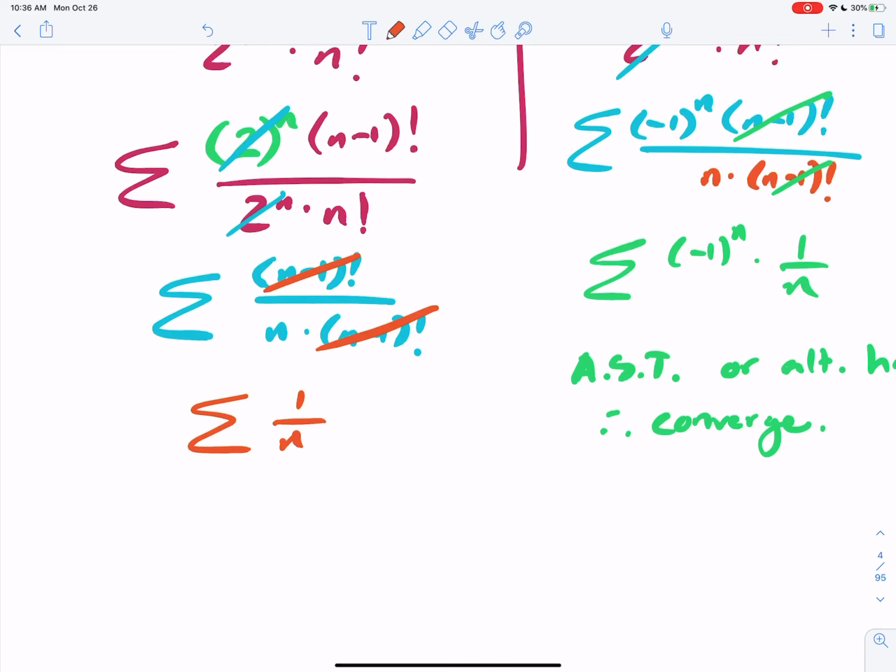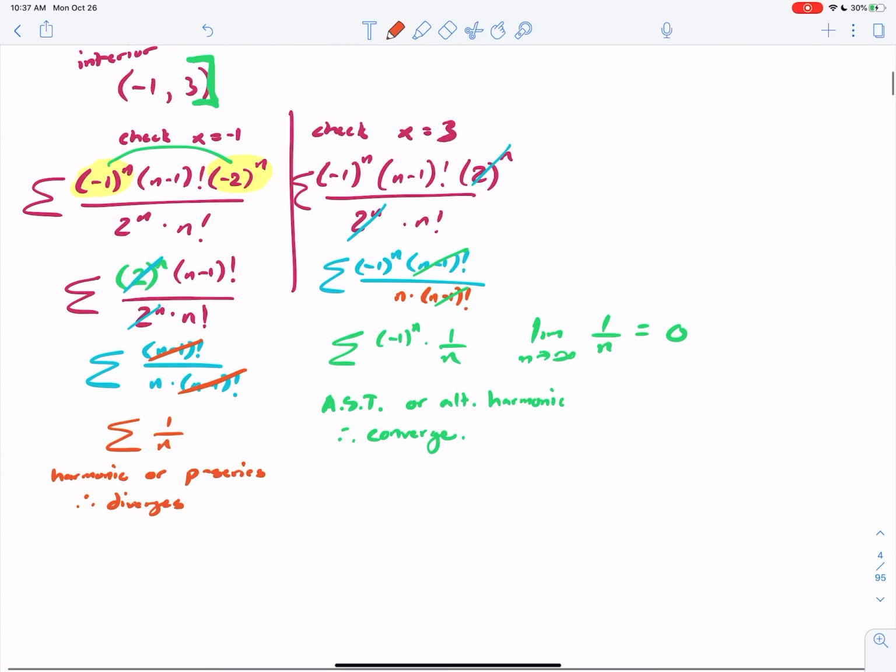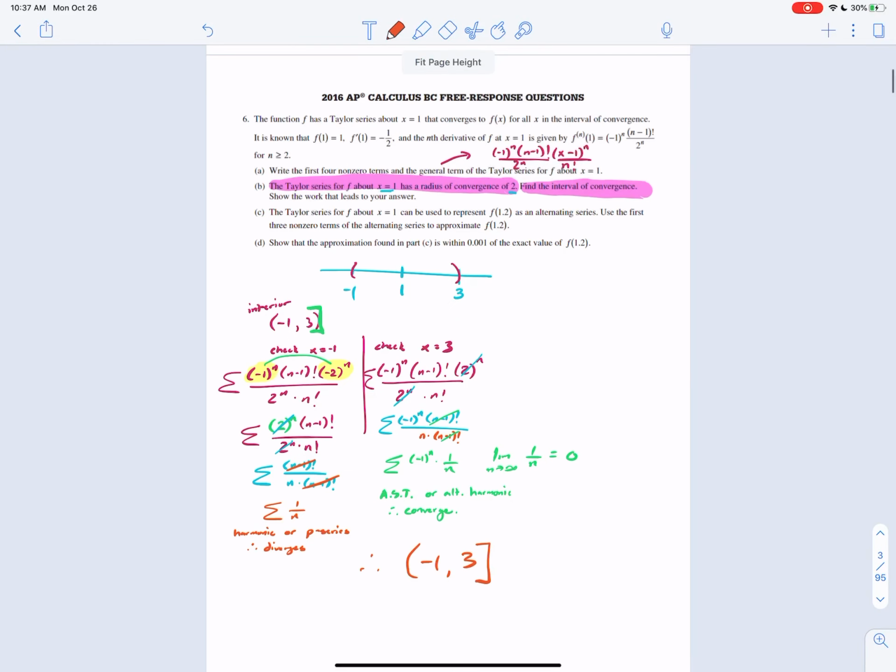And you should know by now that that's harmonic. Okay? Or you can use p-series. All right? But you should know that it diverges. So we don't include it. Therefore, it's open, -1, 3 bracket. Okay?